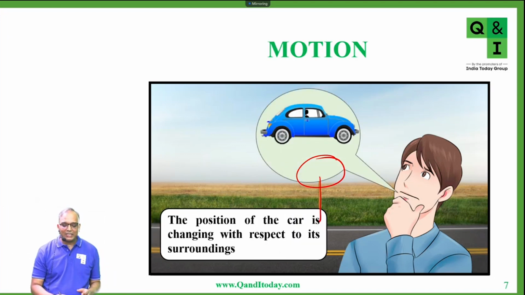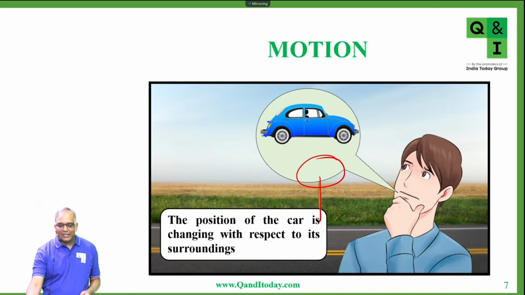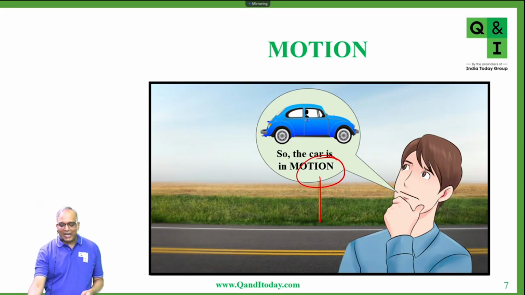So the position of the car is changing with respect to its surrounding, with respect to the road or any stationary object. With respect to any stationary object, if the position of the car is changing, we say that the car is moving. Okay. Now let's go ahead, students. So the car is in motion.